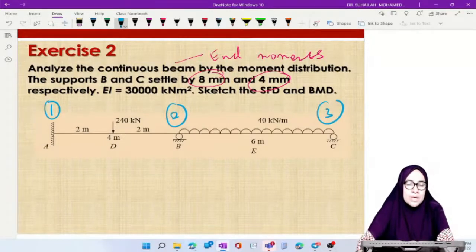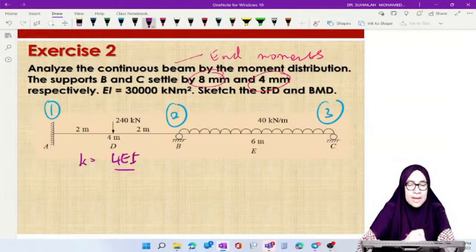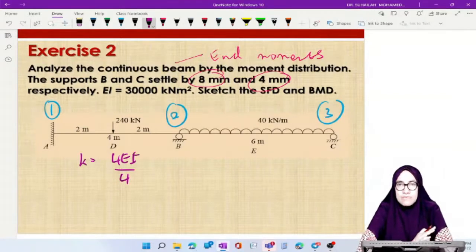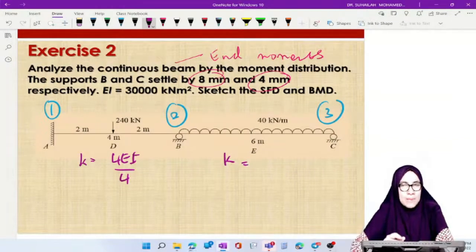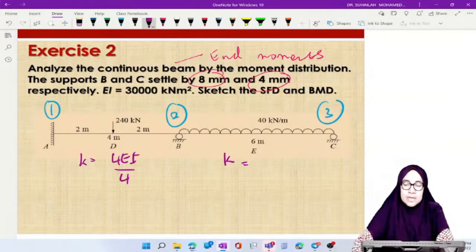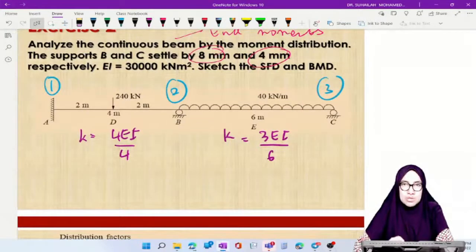For AB, we use K equal to 4EI over length, which is 4 meter, because the far end is fixed. For BC, we use 3EI over length 6 meter, because C is a roller.